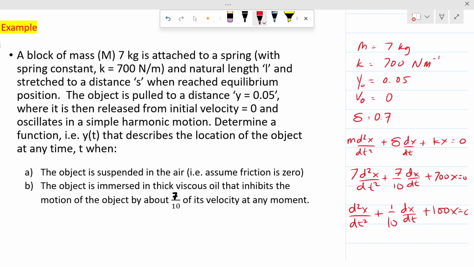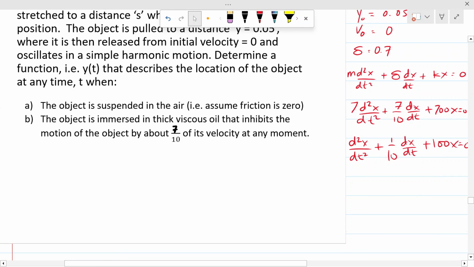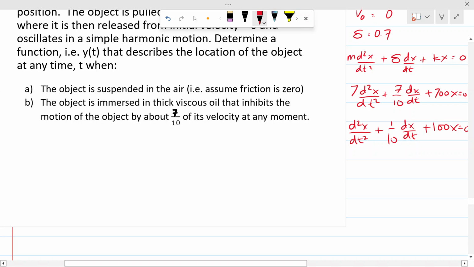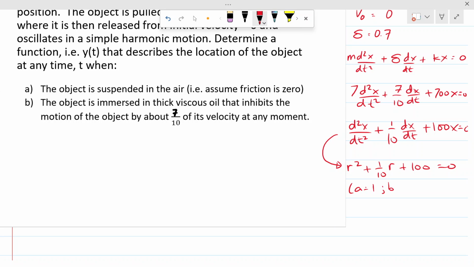So for part B, we can say this is equivalent to a quadratic equation, in this case, let's use r square plus 1/10 r plus 100 equals 0. This is the auxiliary equation, if you like, with roots that can be calculated based on the coefficients. In this case, a equals 1, b equals 1/10, and c equals 100.